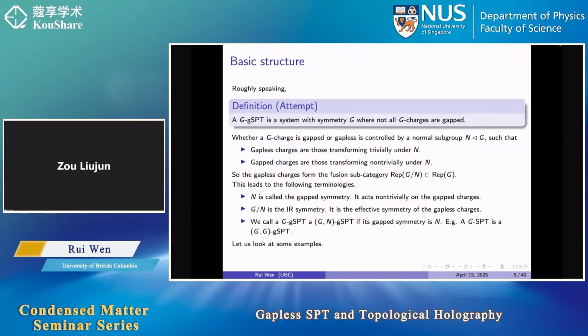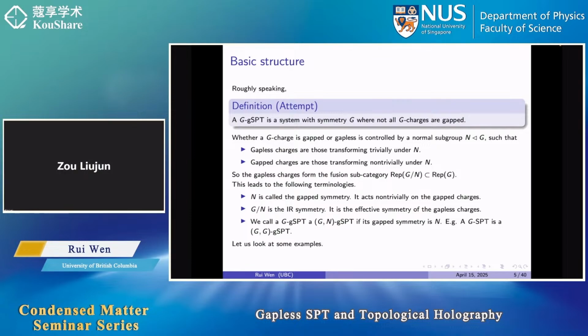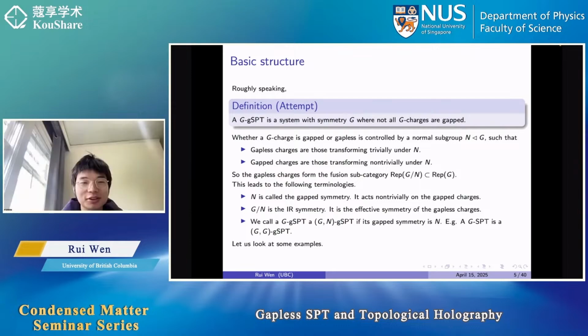If you have just Z2 and it's critical Ising, then it's still a gapless SPT. So the point is, are there non-trivial gapless SPTs? In that case it's a trivial gapless SPT. So in your definition, is it correct that everything is a gapless SPT? Yes, as long as it's symmetric.